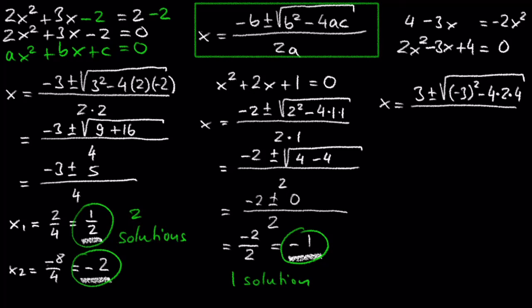All divided by 2 times 2. Two times 2 is 4. Negative 3 squared is 9. Negative 4 times 2 is negative 8, times 4 is negative 32.